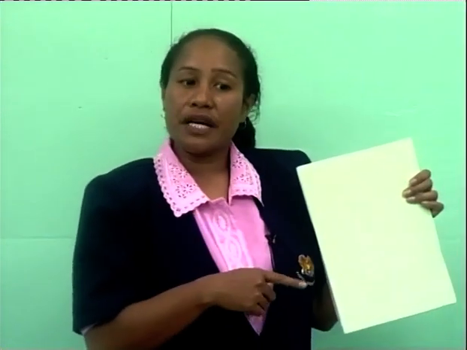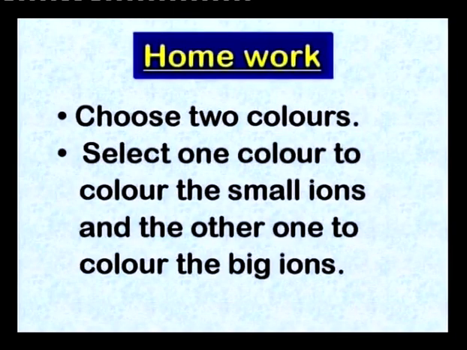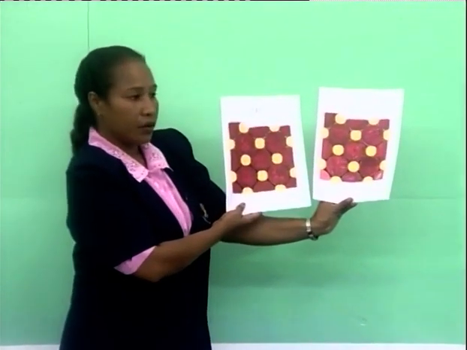Right, but in your worksheet you have only 2. So I am going to give you another 2. This is what you are going to do. You are going to choose 2 colors. Select one color to color the small ions, and the other one to color the big circles. Now, looking up here, I have selected 2 colors, and that is red and yellow.